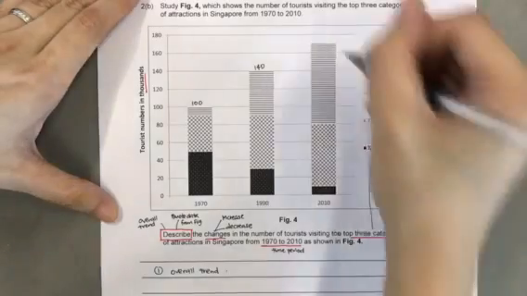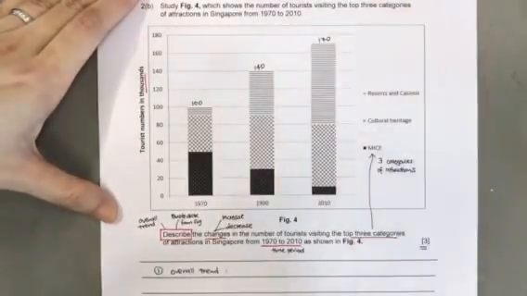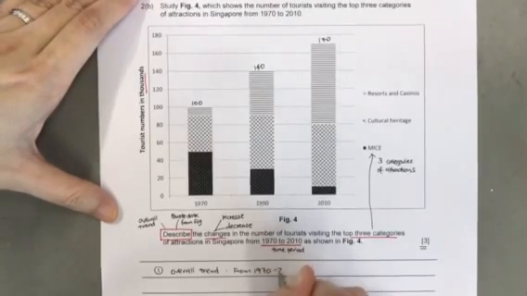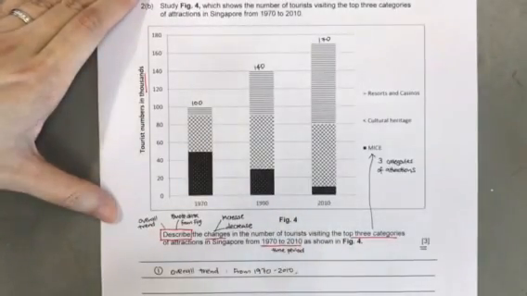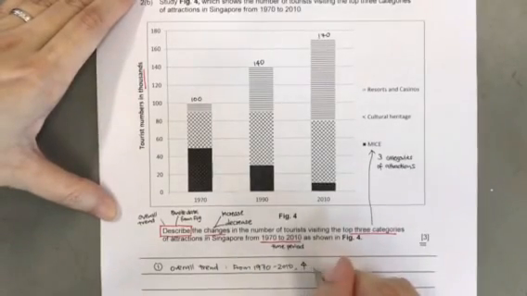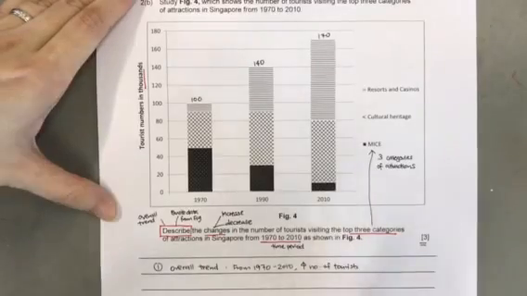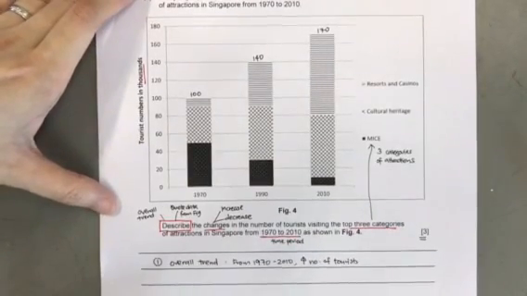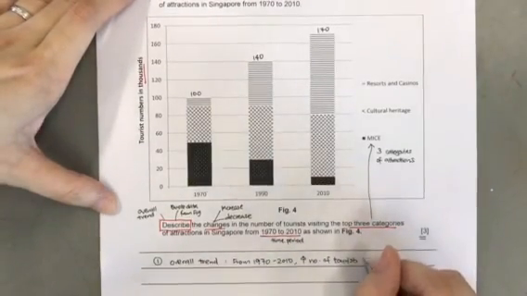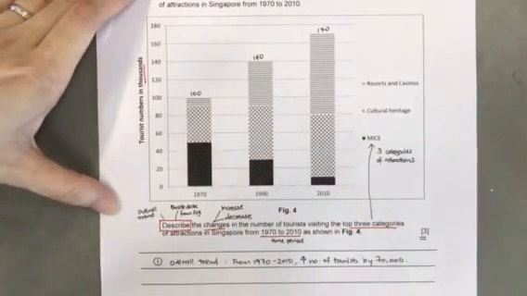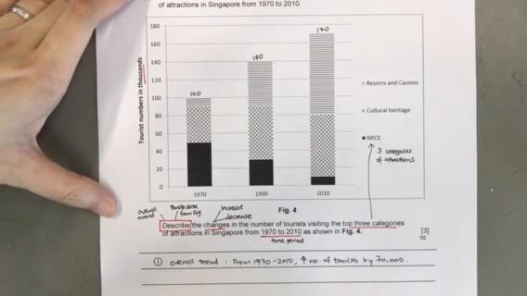And 2010, you see that there are 170,000 tourists. So overall, from 1970 to 2010, you see an increase in the number of tourists. Okay, and the increase is by 70,000. That is point number 1, and you get 1 mark for that.